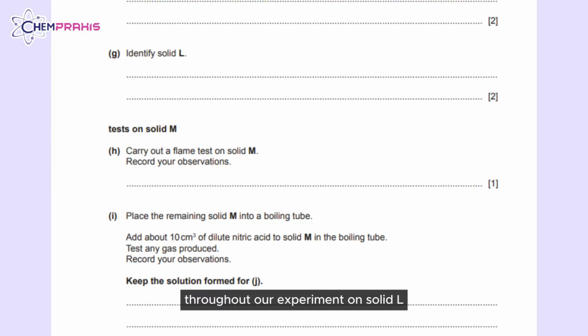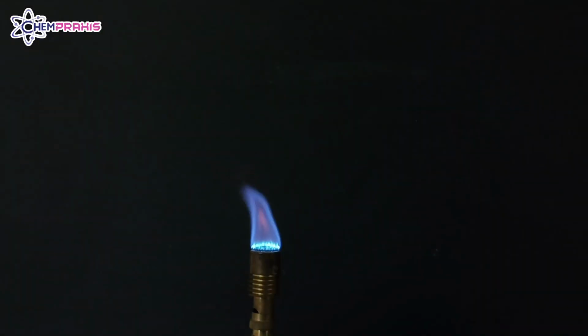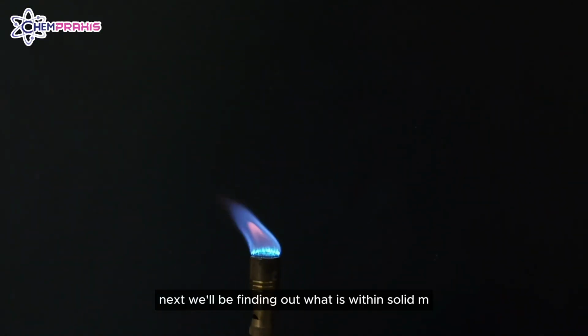Throughout our experiment on solid L, we know that solid L contains chromium and chloride. Next, we'll be finding out what is within solid M.